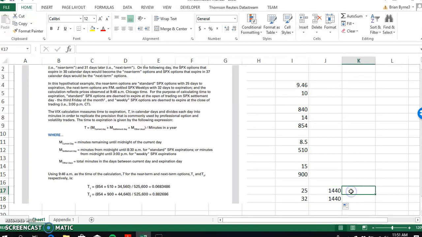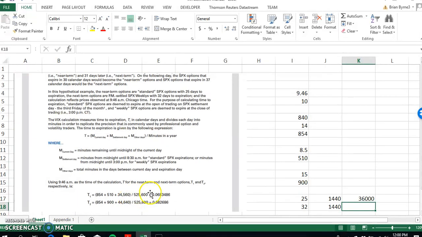And then when we take 25 days and express it in minutes, with 1,440 minutes in any given day, we have 36,000 minutes. But we've got to note as well that of those 25 days, we've used up 1 day in terms of these other numbers that have been estimated.